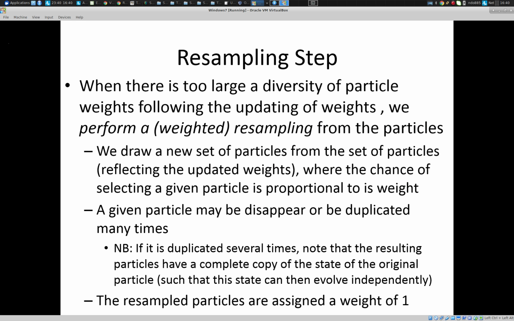And it turns out there's an additional step called the resampling step. This is based on a notion of importance sampling, where basically at some point, if there's too big a divergence or too large a variability in weights, we end up resampling so that the particles that have low weight almost always die out entirely.